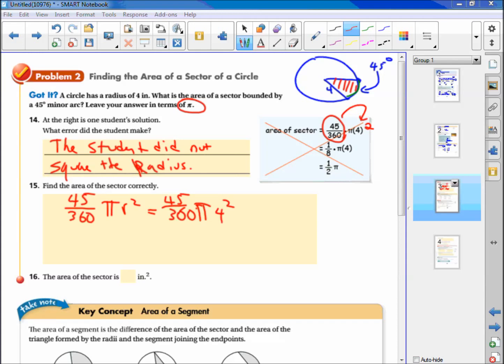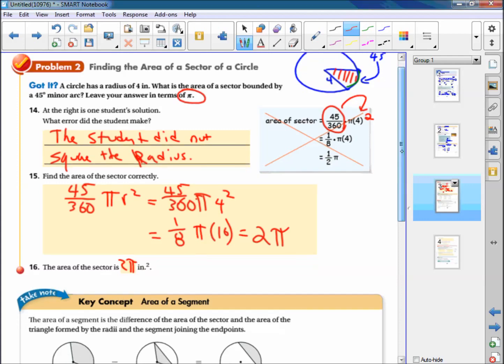If we work that out, 45 over 360 is 1/8 of the circle, times pi, and then 4 squared is 16. So 16 times 1/8 will give me 2, and then we just put the pi back. So the area of this sector will be 2 pi inches squared.